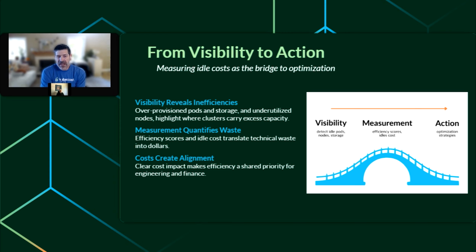It helps teams, especially when they come from different departments and have to work cross-functionally, band together and justify the next body of work, which is taking action through optimization. It's this measurement that puts a source of truth in numbers in front of everybody and can get those teams, as different as their goals may be, to align around the next step. So this is that bridge: visibility into measurement into action.